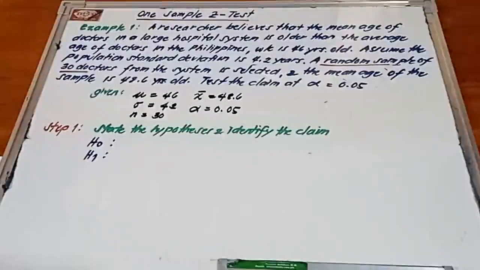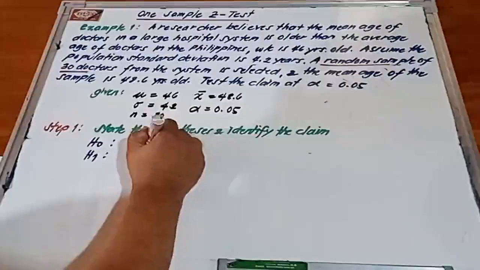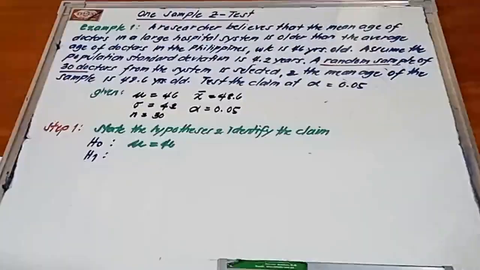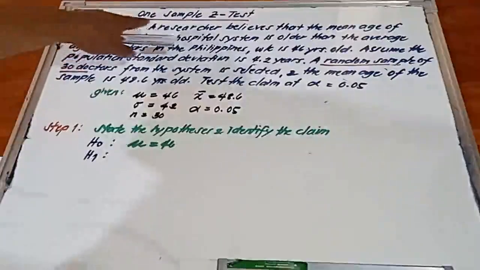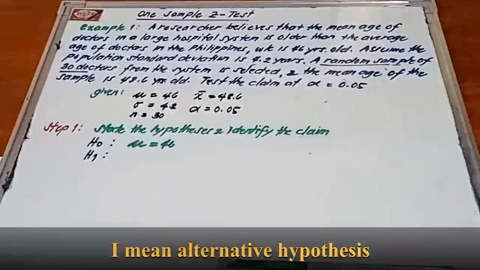So, therefore, our null hypothesis is mu equal to 46. Now, ang claim nitong isang researcher, doon sa large hospital system daw, yung mean age ng mga doctors doon ay older than the average age doctors ng Philippines, which is 46 years old. What does it mean? Ibig sabihin nun, one directional, yung ating pong alternative hypothesis. Okay? At yun ang claim niya.